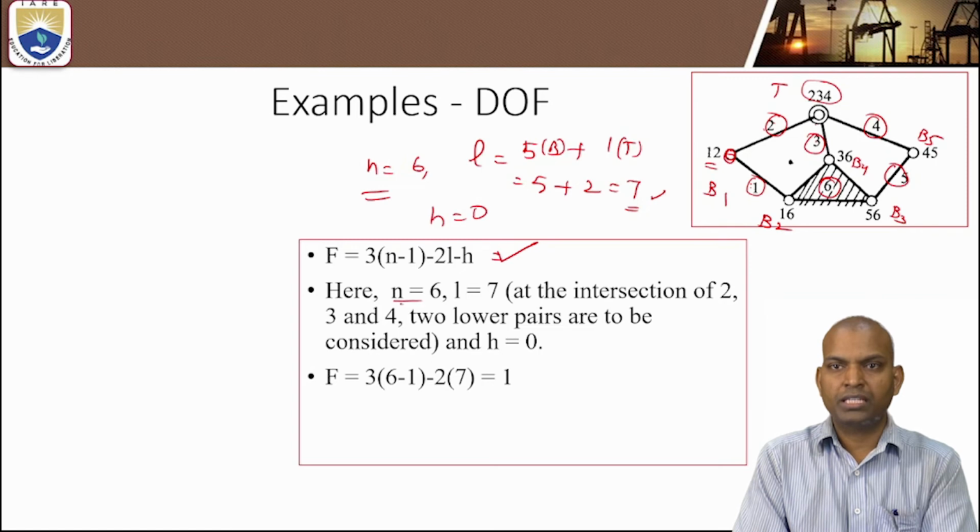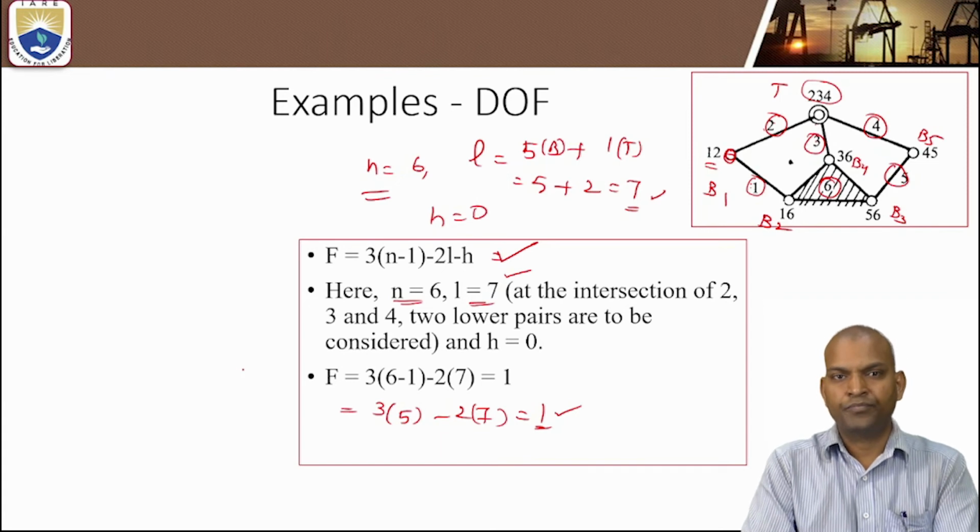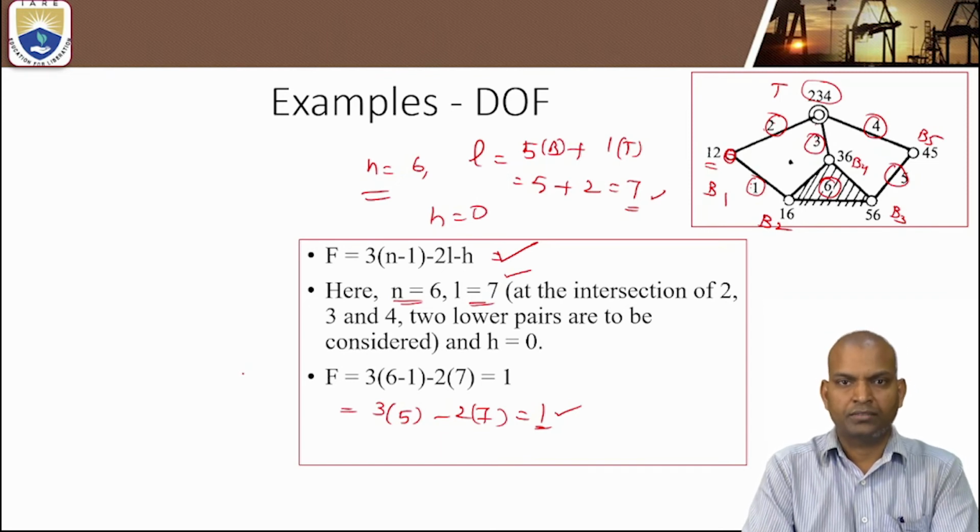N equal to 6 and L equal to 7. Now substitute, 3 into 6 minus 1, 3 5s minus 2 7s, then 15 minus 14, that equal to 1. The degrees of freedom for this mechanism is equal to 1.